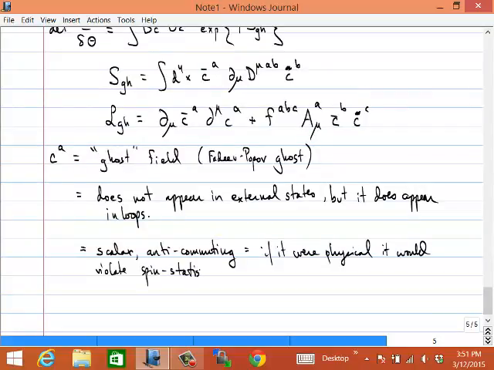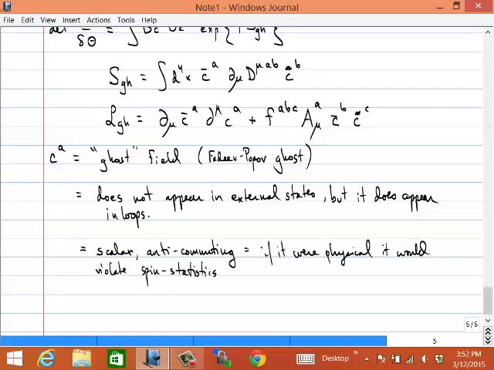So, for example, earlier last semester, we asked what would happen if you had tried to quantize a spin 1/2 field as a commuting scalar or a spin 0 field as an anti-commuting scalar, and you saw that there were deep problems that arose. There were problems with Lorentz invariance, problems with positive energy. There's something deeply wrong with anti-commuting scalars if they're real physical fields whose quantization gives you new states in Hilbert space.